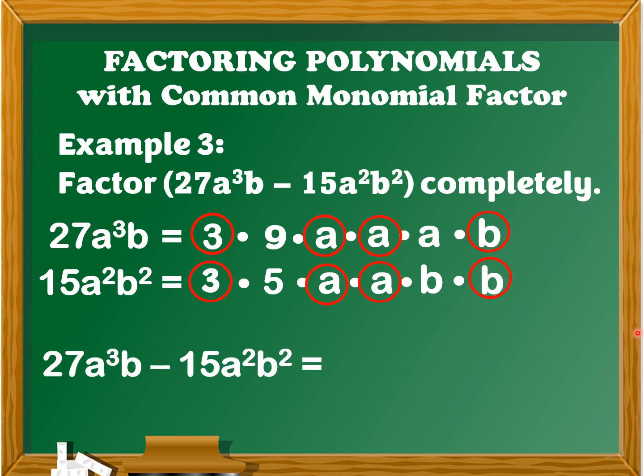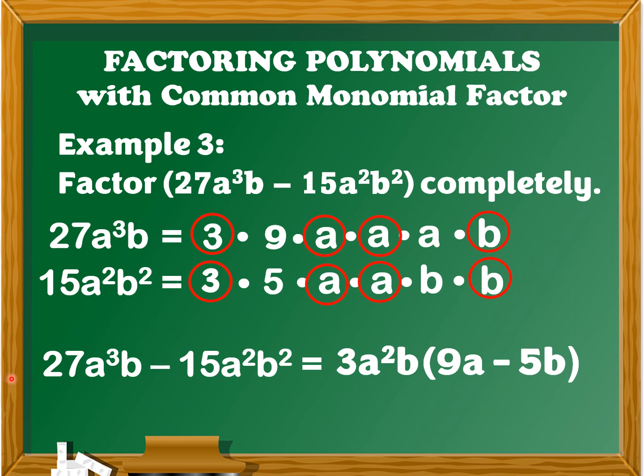So we're going to determine now the factors of 27a cubed b minus 15a squared b squared. The common monomial factor is 3a squared b. And then look at the remaining factors of 27a cubed b. So we have 9 and a. We will just multiply 9 times a is equal to 9a.